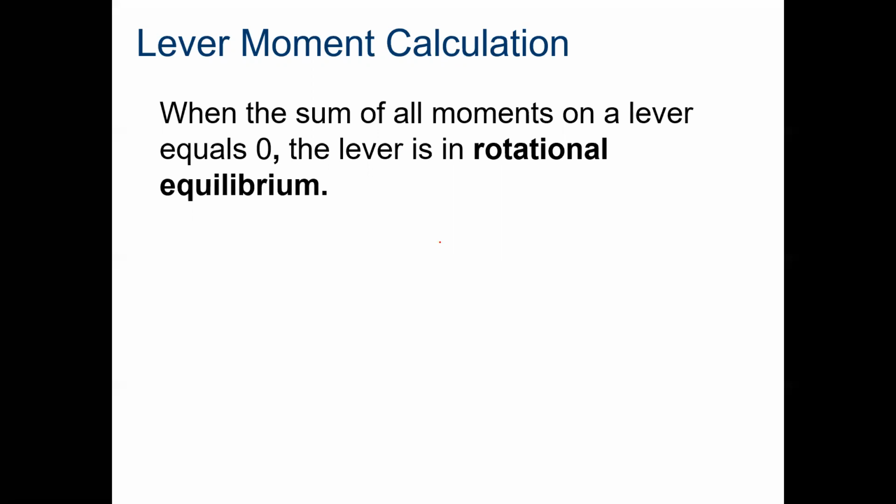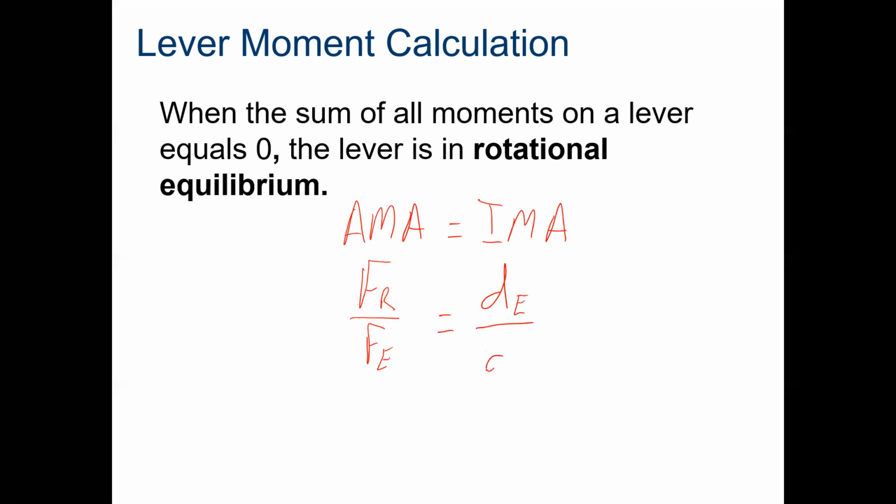And when it comes to simple machines, what does that mean for us? It means that AMA is equal to IMA. So if I remember, AMA is FR divided by FE, which is equal to IMA, which is DE divided by DR. If I rearrange this, if you remember cross multiply, right?